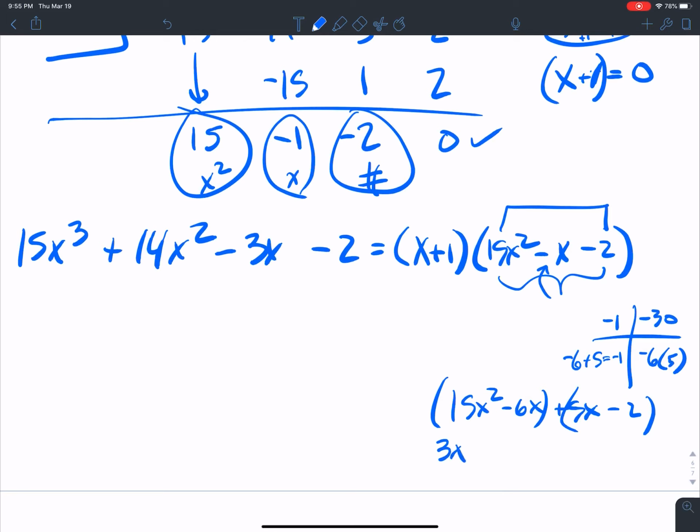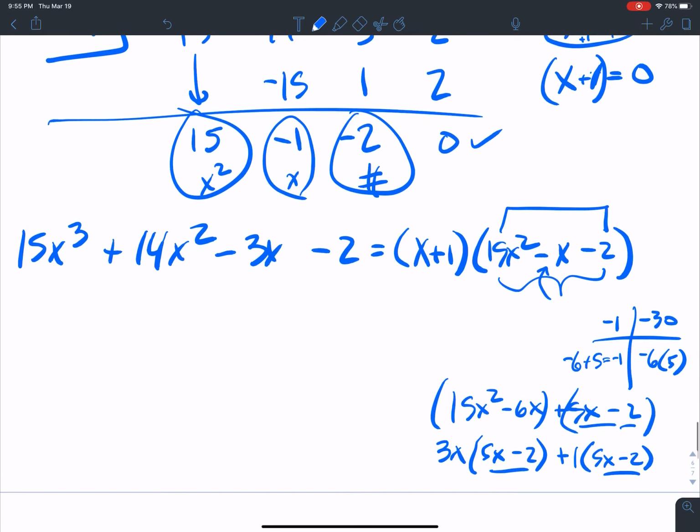Factor out a 3x. I get 5x minus 2, then plus, and there's nothing in common between 5x and negative 2, so that's just a 1 pulled out when there's nothing there. And so this is going to factor, so it's going to be x plus 1 multiplied by what? 5x minus 2 times 3x.